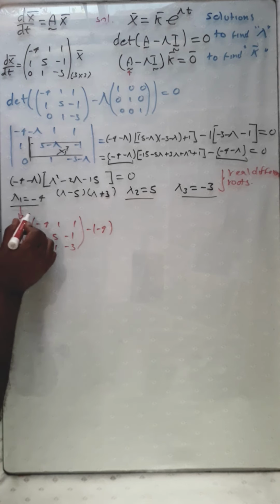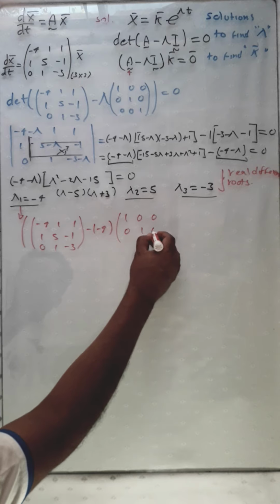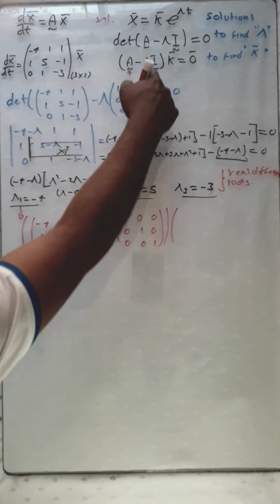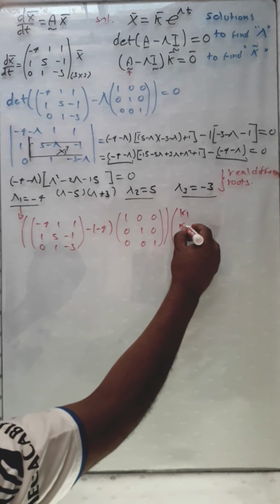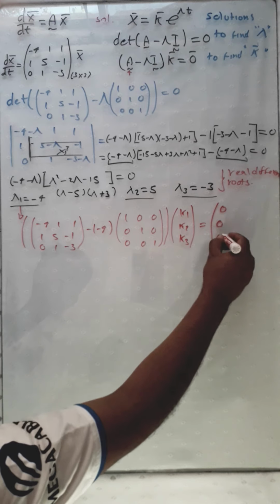I replace the value minus 4, and then the identity matrix 1, 0, 0, 0, 1, 0, 0, 0, 1 times the k vector, k1, k2, k3, equal to the 0 vector 0, 0, 0.